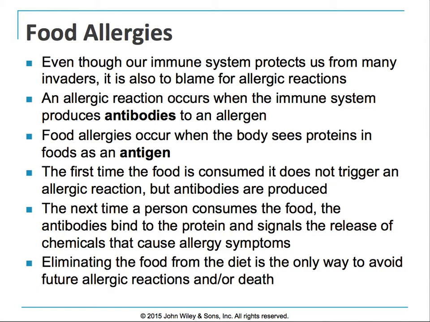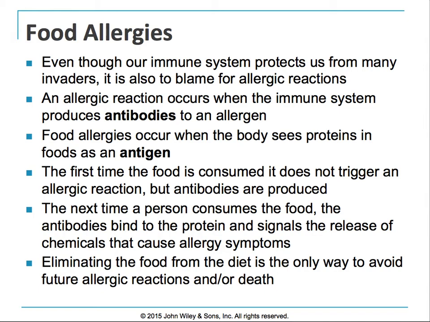Even though our immune system protects us from many invaders, it's also to blame for allergic reactions. We just talked about phagocytes and lymphocytes and how they work to attack invaders that might come in through our digestive system. Now, they're also responsible for attacking allergens. Not all of us have allergies, and those with allergies don't all have the same allergies.